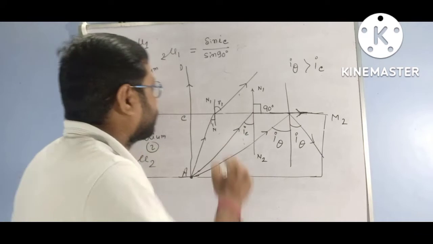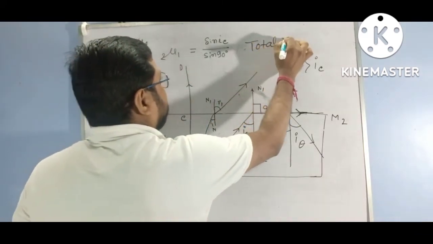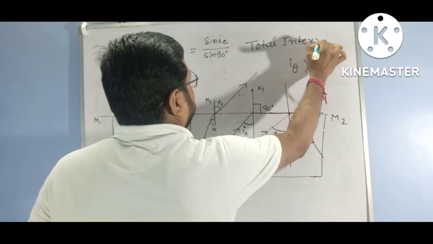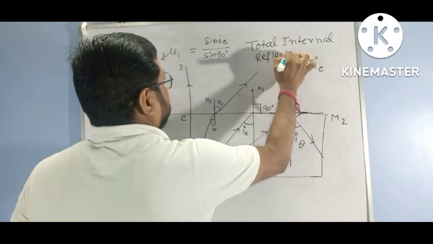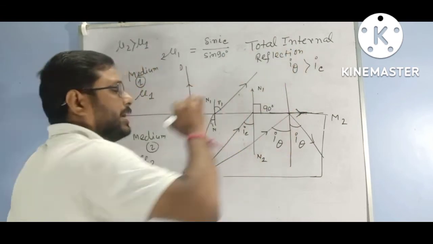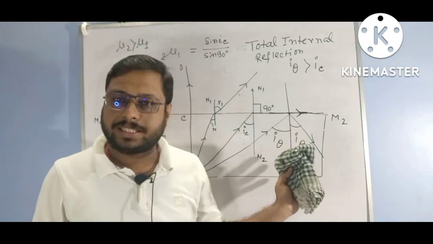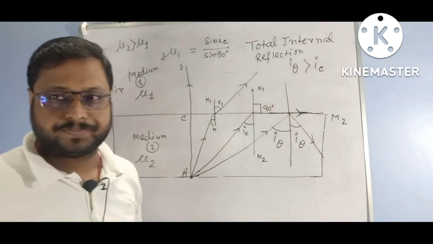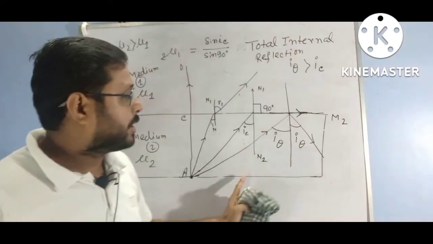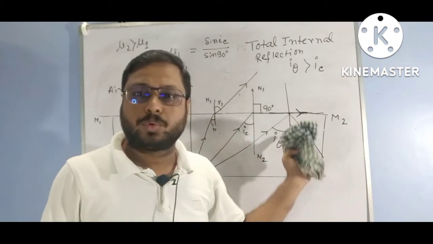So it is called total internal reflection. Why total? Because no part of the incident ray is transmitted to the rarer medium. Internal, because the reflection occurs only in medium 2.